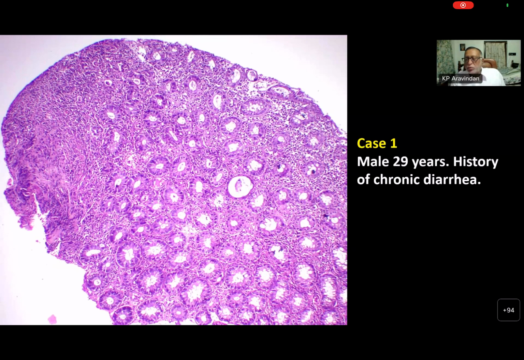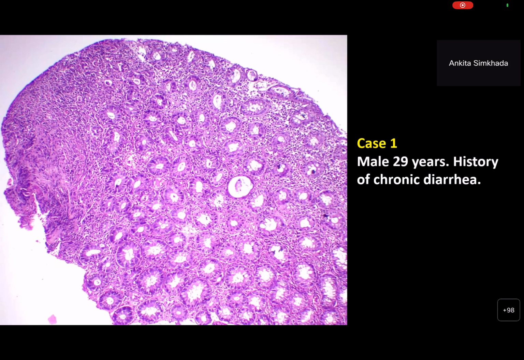Ankita, please. In this first slide, I think this is a low power view. I can see that this is a colonic tissue with partially ulcerated lining epithelium. There is focal loss of crypts, while the other crypts show normal columnar lining with normal preserved architecture and normal mucin.